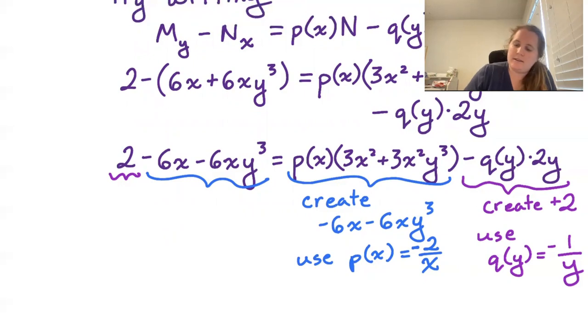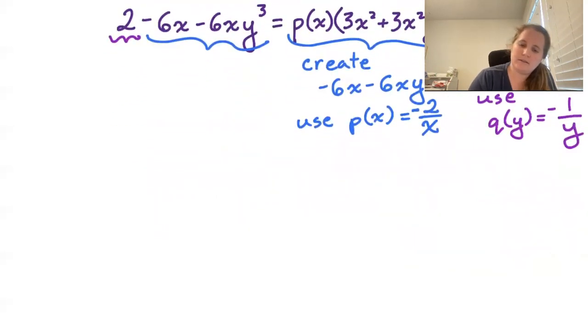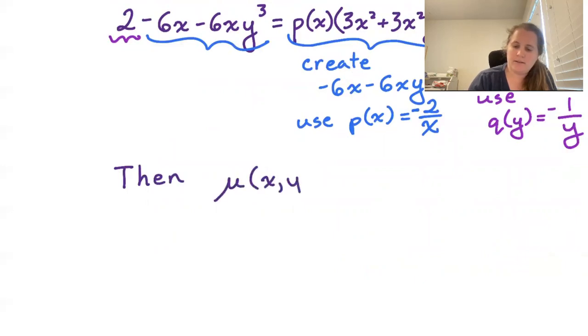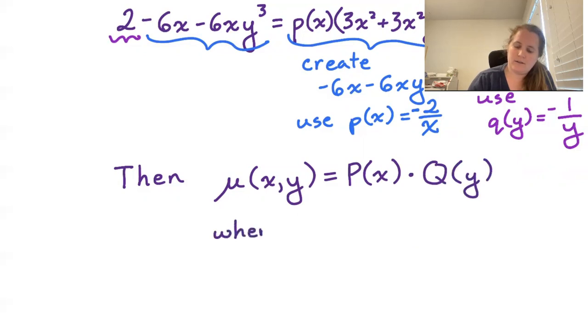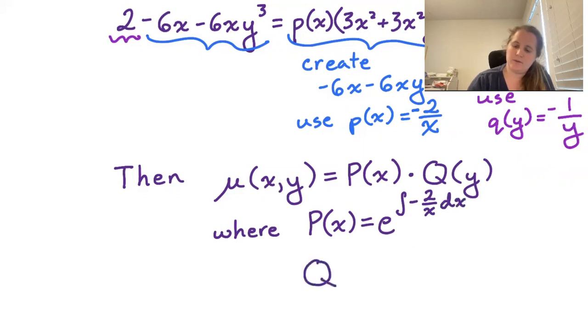So now we can find capital P of x. So then mu of xy is equal to capital P of x times capital Q of y, where capital P of x is e to the integral of negative 2 over x dx, and capital Q of y is e to the integral of negative 1 over y dy.